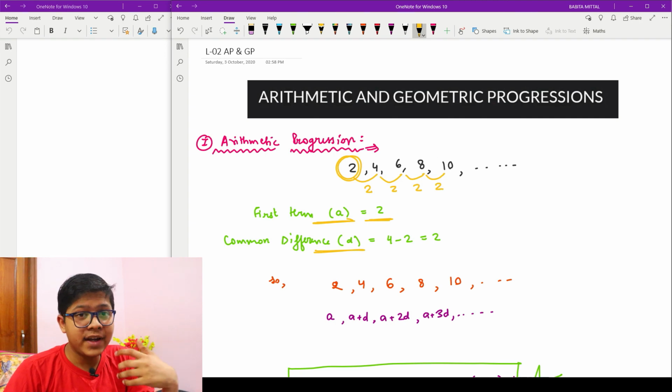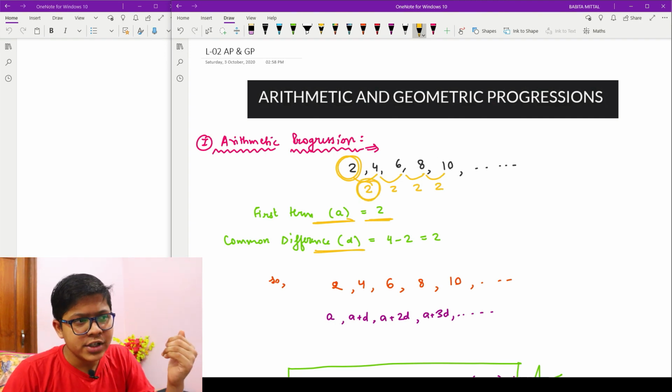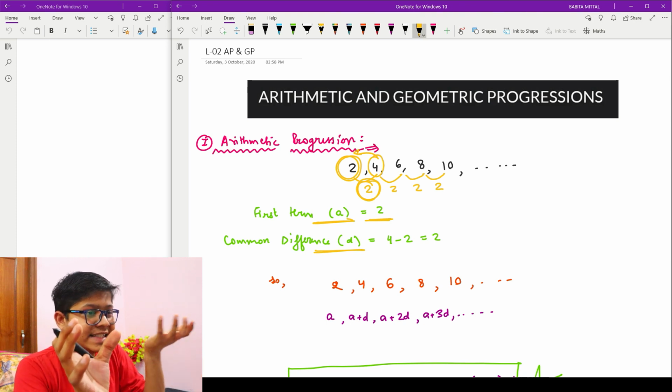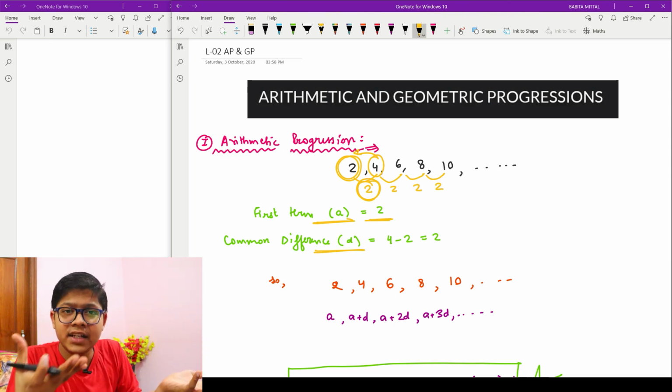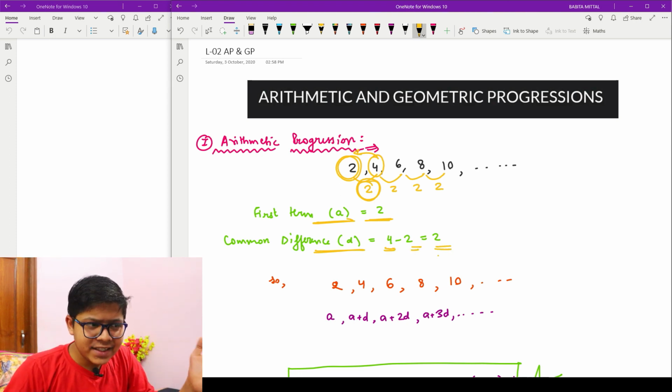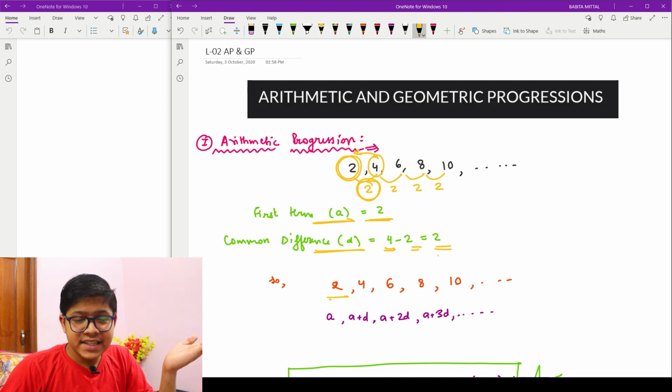Here, to find the common difference, you can simply take the first term and the second term, and it will be nothing but 4 minus 2, which is actually 2.